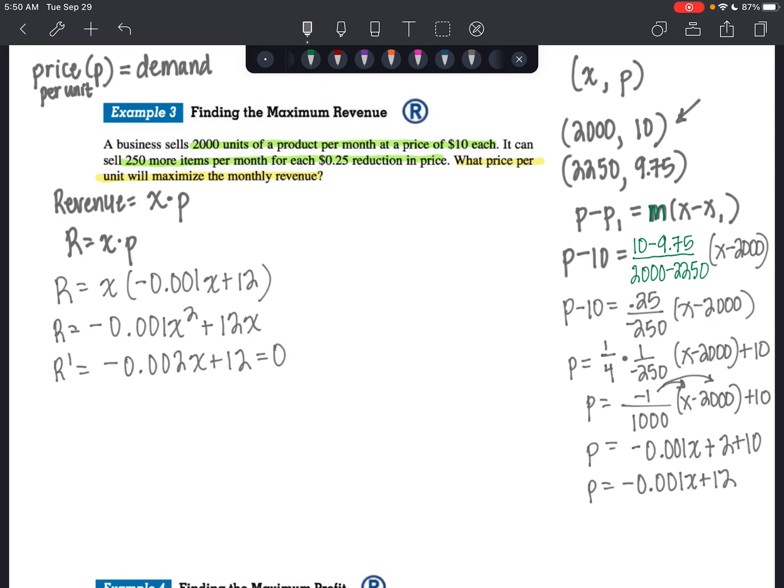I set that equal to 0 because I want to find the maximum. So I take the first derivative, set it equal to 0. I've got 12 equals 2 over 1,000x, which is the same as 1 over 500. I multiply both sides by that 500, and I get 6,000 equals x. You can do the math.